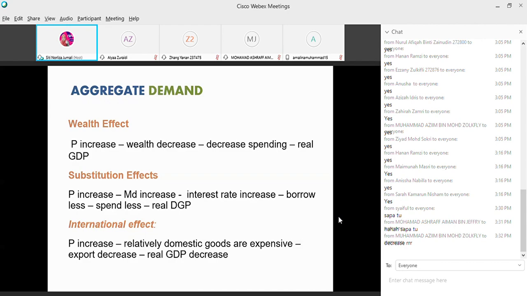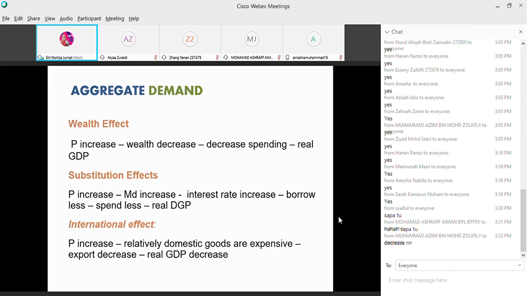Now relating this to import, when we as Malaysians see that Malaysian products are expensive, let's say we compare the price of our national car with an imported car. Let's say you find that our local car is so expensive compared to the imported car, subject to brand and what type of car you want to drive.